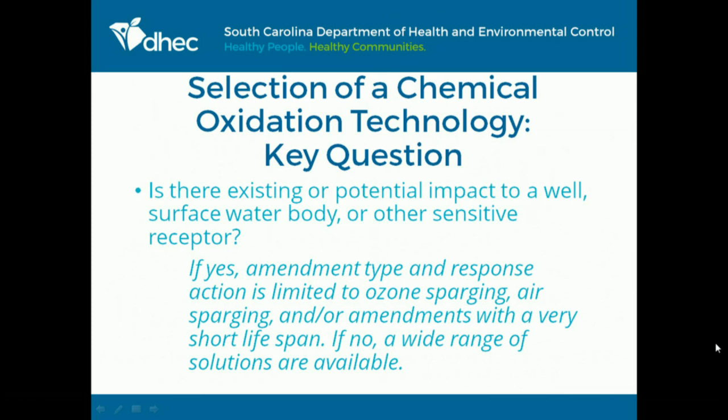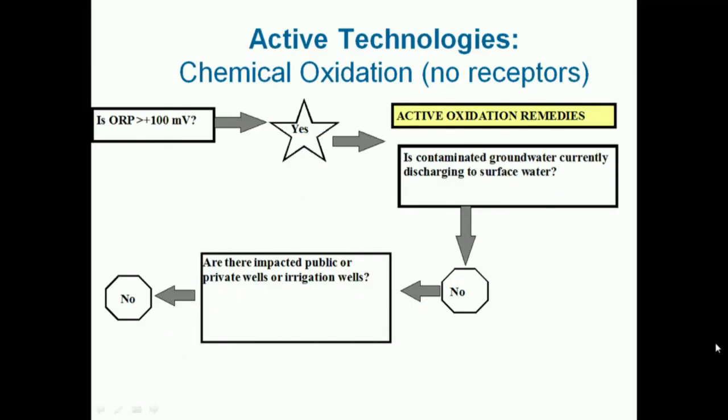The decision tree is going to recommend something like ozone sparging, air sparging, or amendments with a very short lifespan. If you don't have sensitive receptors, then there's a lot of choices for the amendments that you can use for chemical oxidation.